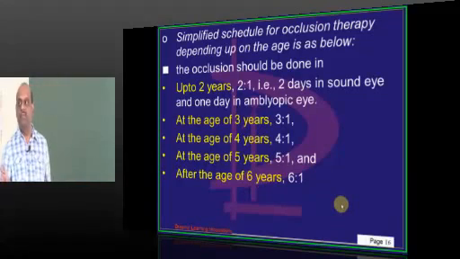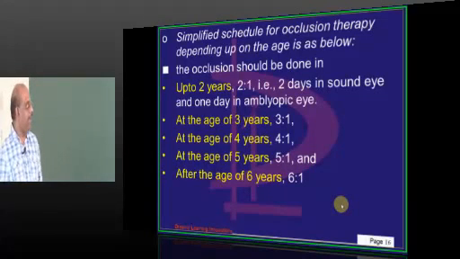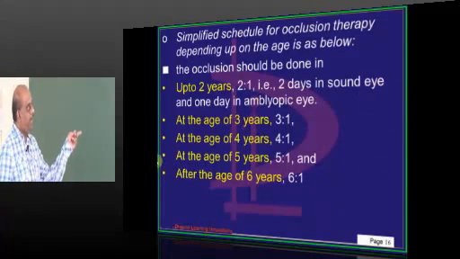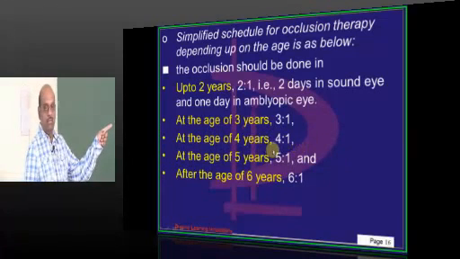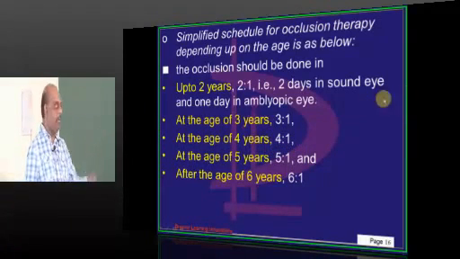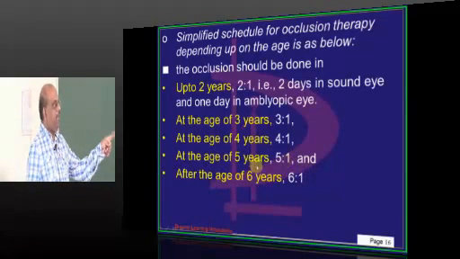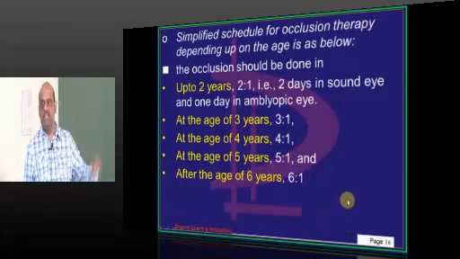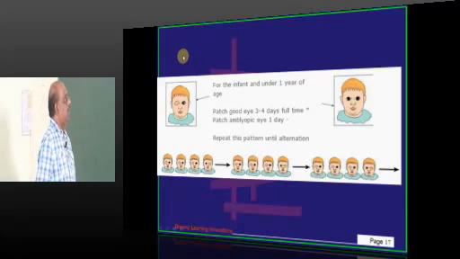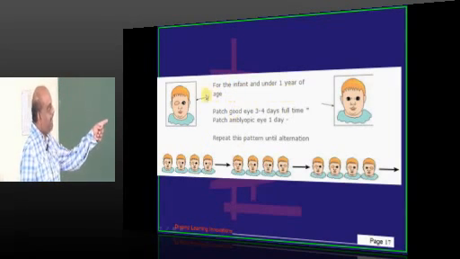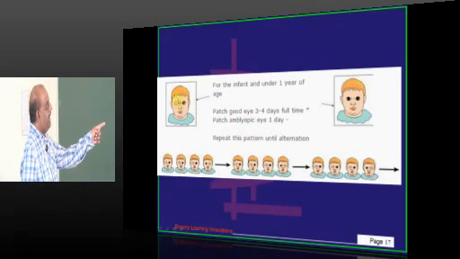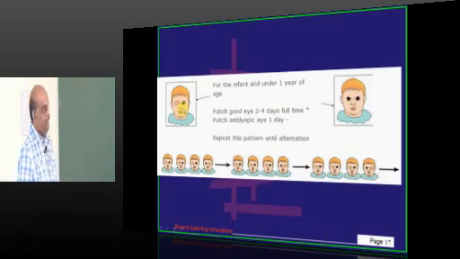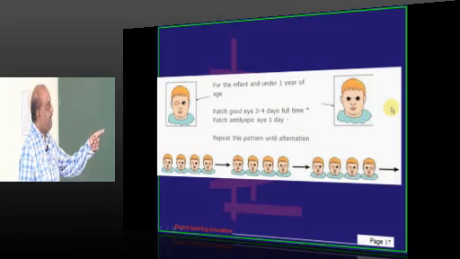At the age of 3 years, 3:1. What is that? 3 days in the sound eye, 1 day in the amblyopic eye. At the age of 4 years, 4 days in the sound eye, 1 day in the amblyopic eye. Similarly, 5 years, 5:1, 6 years, 6:1. So for an infant who is under 1 year of age, you need to patch the good eye 3 to 4 days full time and the amblyopic eye for 1 day.